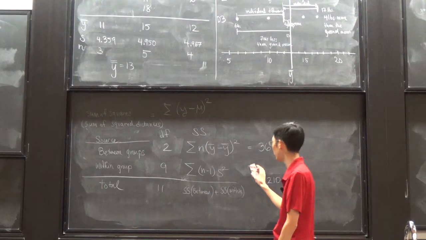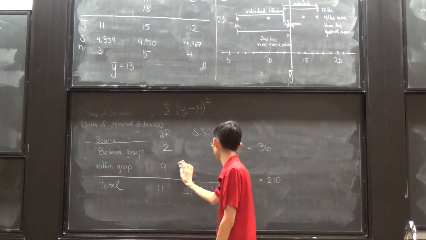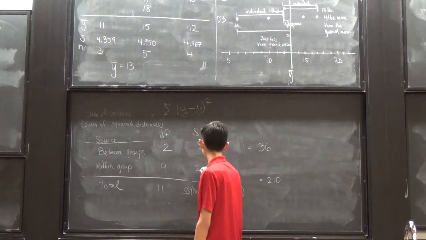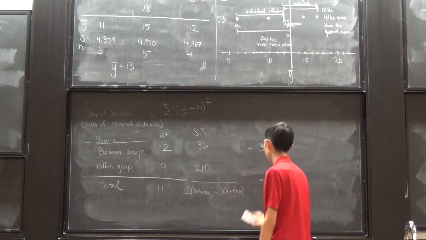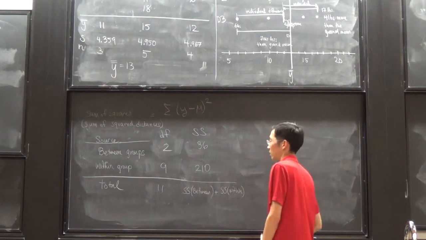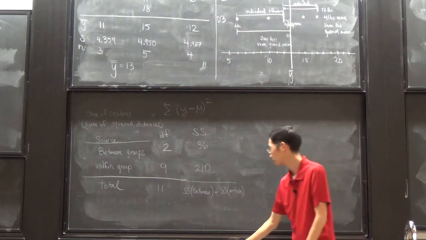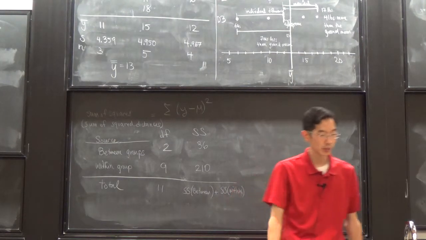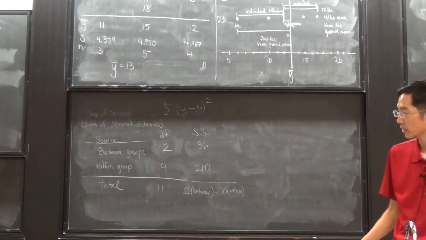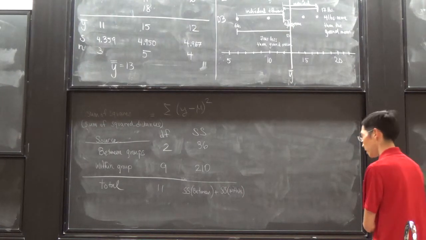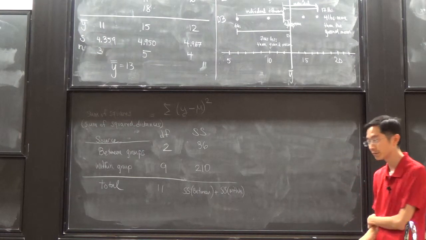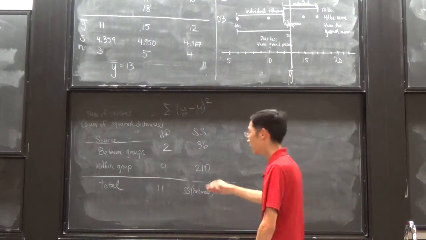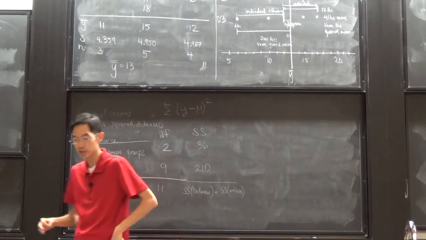So I have sum of squares. I'm going to just replace them with the numbers now. 36 and 210. And so what we want to do is compare whether the difference due to the fact that the groups are different is large or small compared to individual differences.